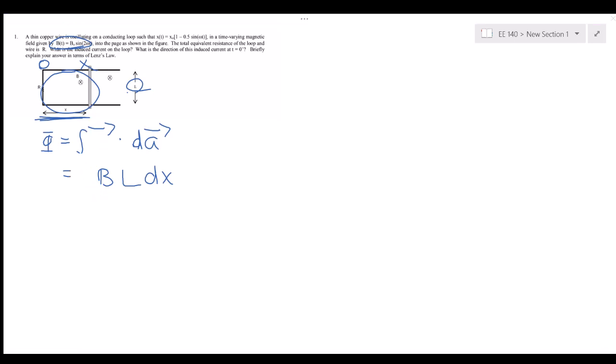And then we get B L x as the answer for magnetic flux.